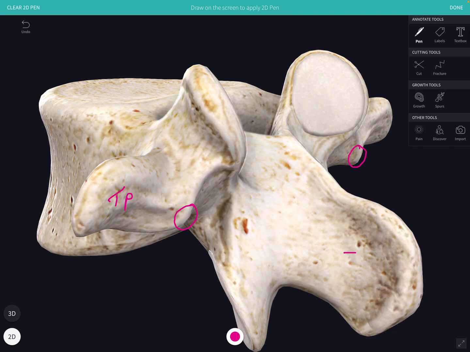Now the spinous process of the lumbar vertebra is directed backwards and is square or hatchet shaped. Okay, let's just fill in that. That was our accessory process.